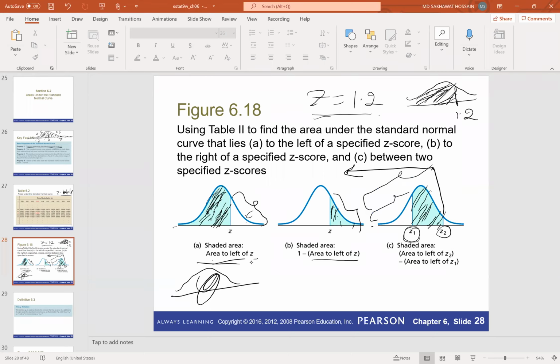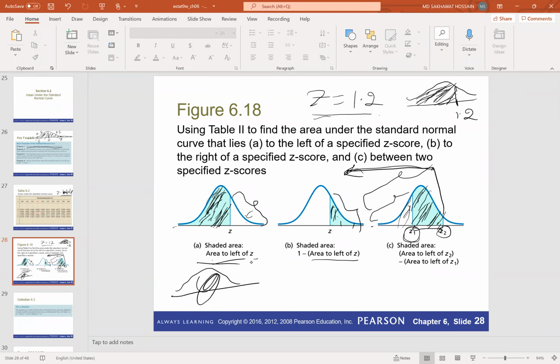But we are interested in the area between these two numbers. So we have the area of this shaded region and this unshaded region. If you subtract the area corresponding to z1 from the area corresponding to z2, you will get the area in between these two numbers.